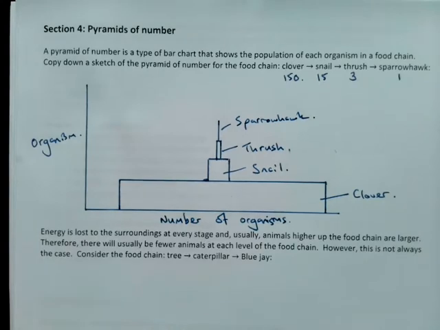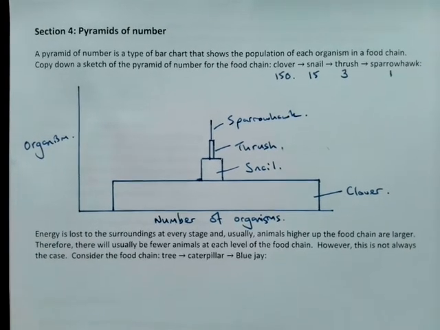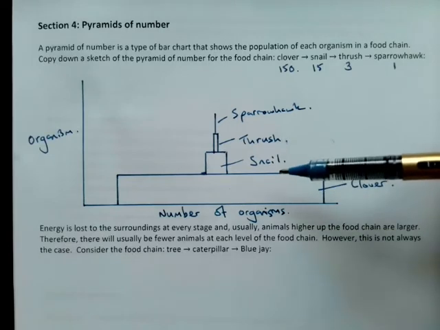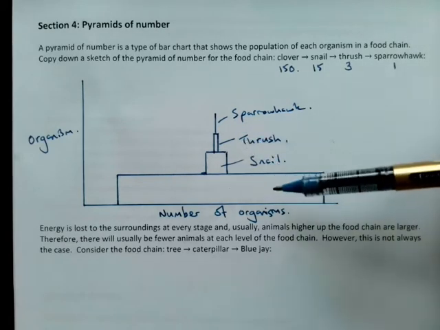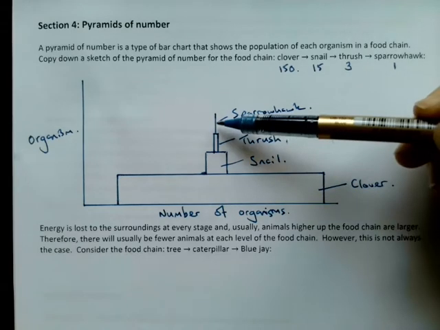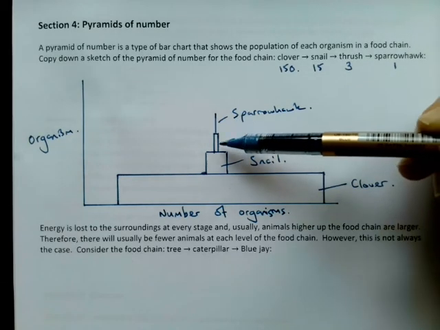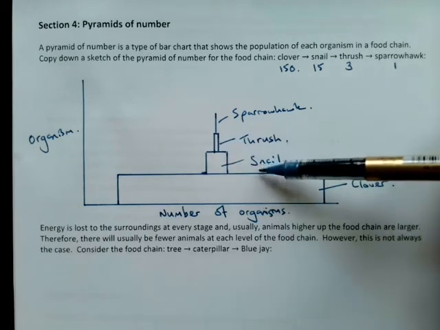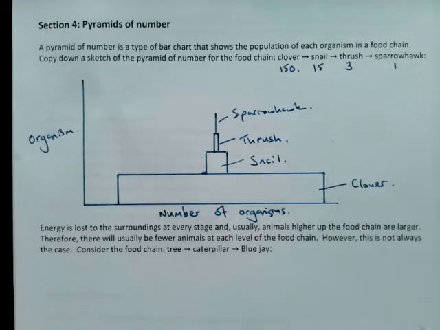Okay, so that is a pyramid of number. All right, what it does is it shows that in a food chain, how many of each organism there is at each level. So you can see that one sparrowhawk will eat a few thrushes, and those thrushes together will eat a few snails, but those snails together will eat loads of clovers.